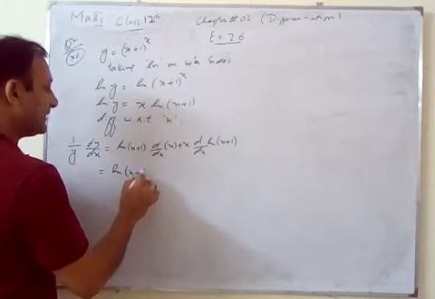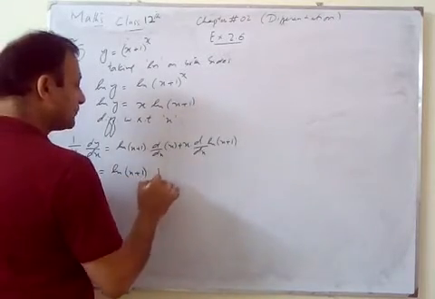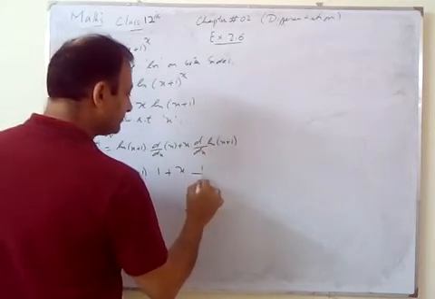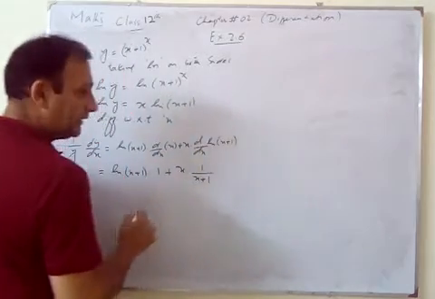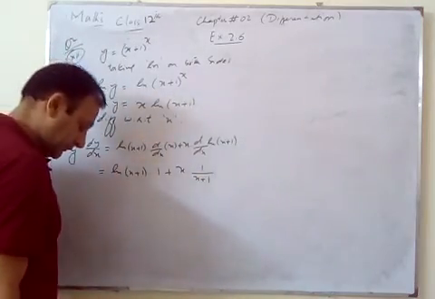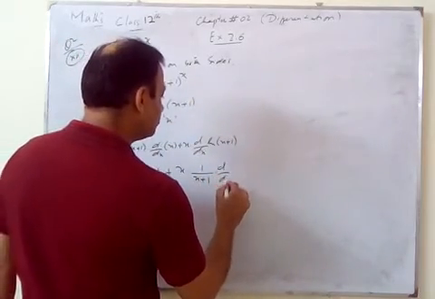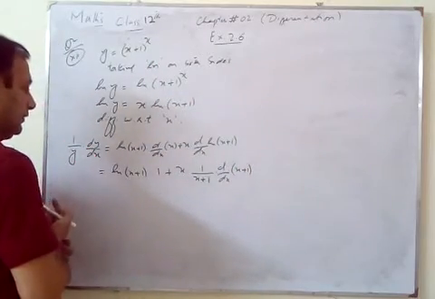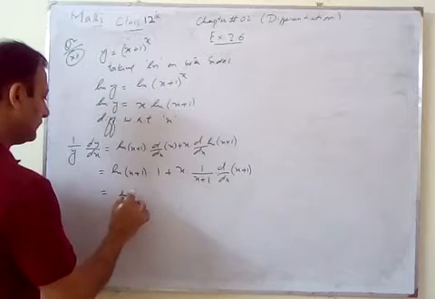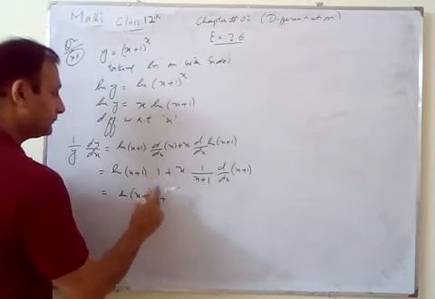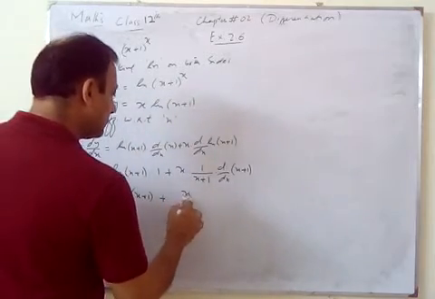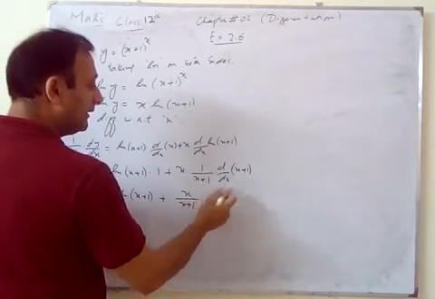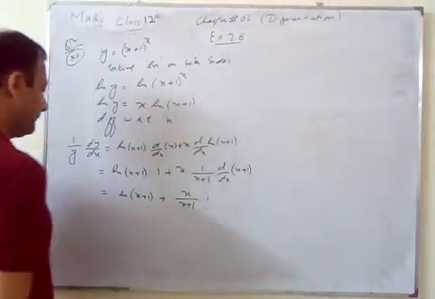Log of x plus 1 as it is, the derivative of x is 1, plus x divided by x plus 1 into the derivative of x plus 1, which is 1 plus 0.